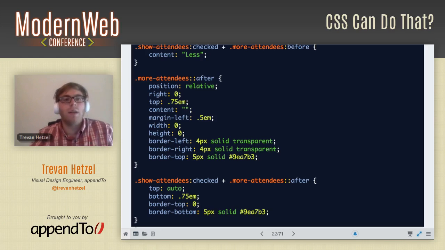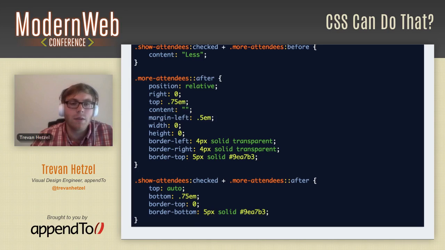And then as long as the width and height of that actual element are 0, that will create a pure CSS triangle. And then again with the pseudo elements, when the checkbox is checked, we're using the adjacent sibling selector to select that label's after element, and we're just basically flipping the arrow, right? So that's all that is.